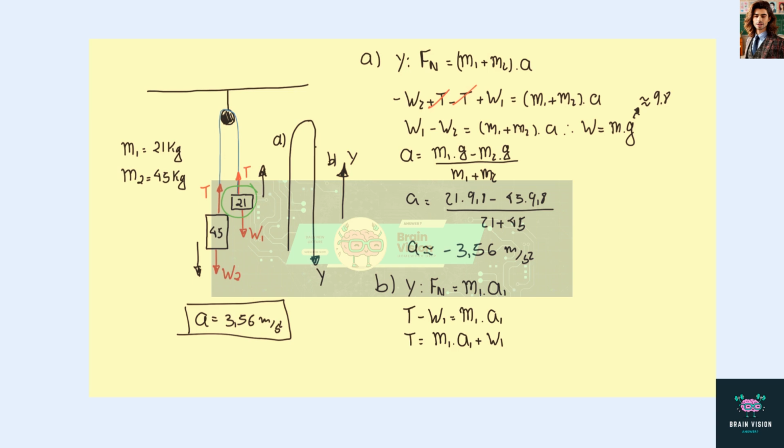Note that the weight number 1 will go up according to our answer for the last item. Then the acceleration A1 is equal to 3.56 meters per second squared. So the tension force is equal to m1, 21, times 3.56 plus m1, which is 21, times g, 9.8, resulting in a tension of approximately 281 newtons.